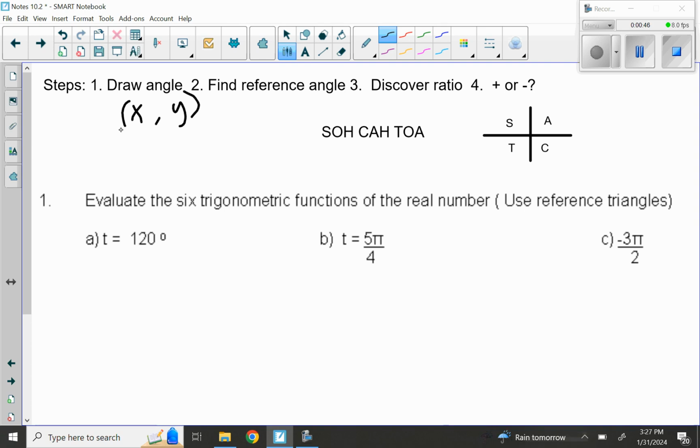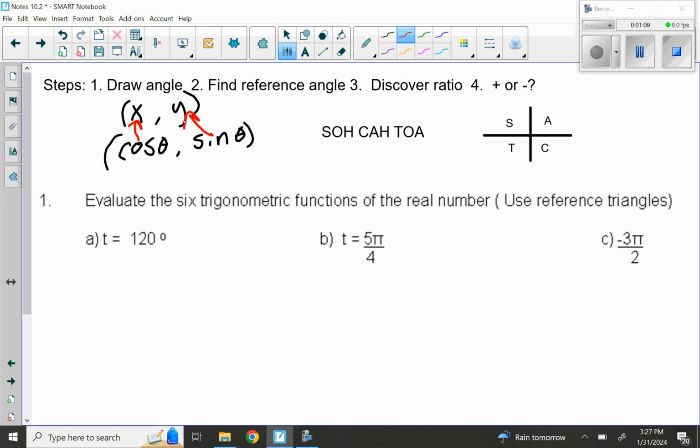But mostly that is your cosine of your angle and your sine of your angle. And that's a direct connection. So if you're asked to find cosine of an angle, that is actually the x value. If you're asked to find sine of an angle, that is the y value.